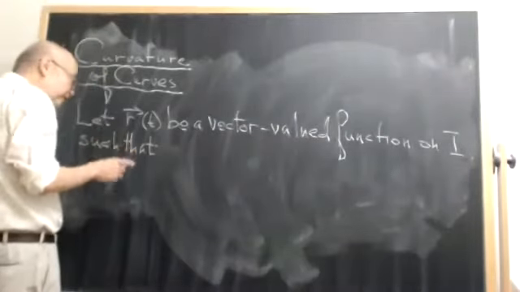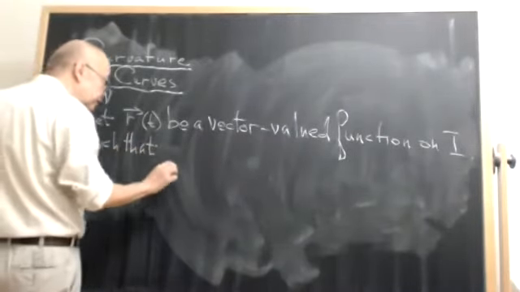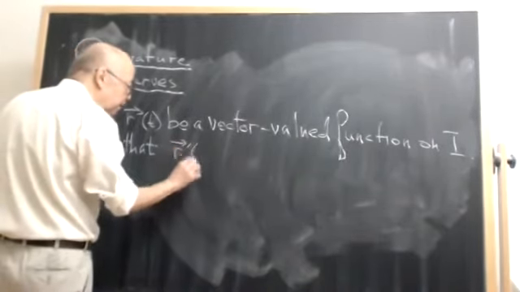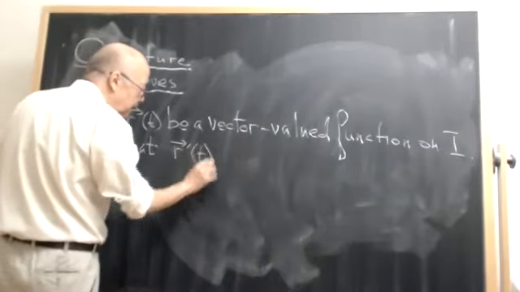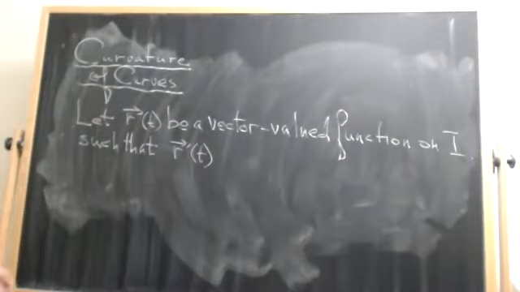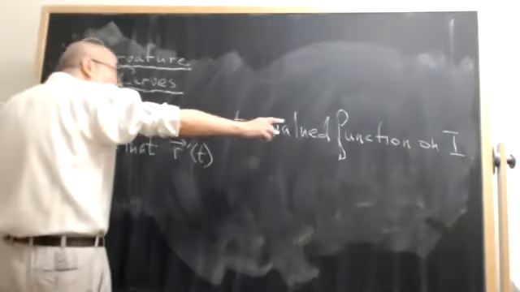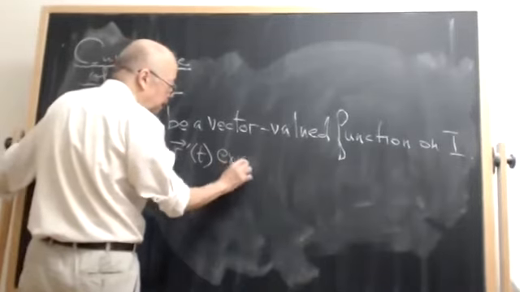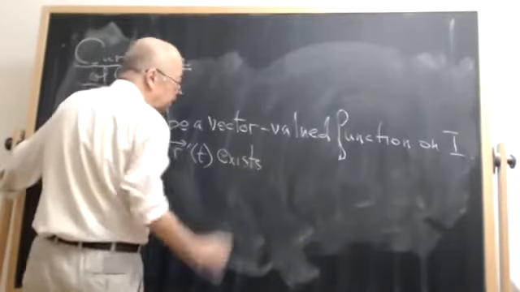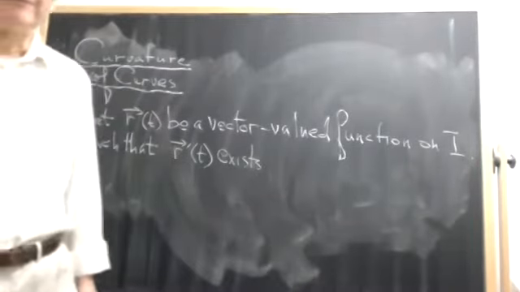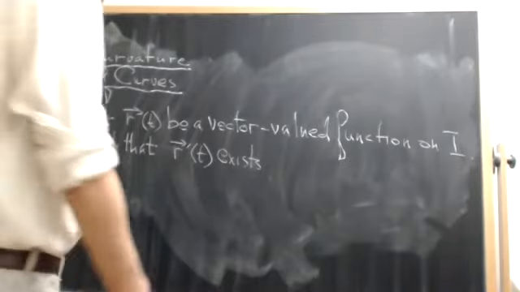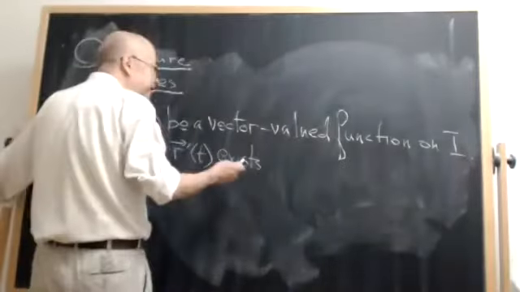So this R of t is a vector value function such that R prime of t, the derivative, exists for all t in R. And furthermore, I want this derivative to be continuous for all t on I.